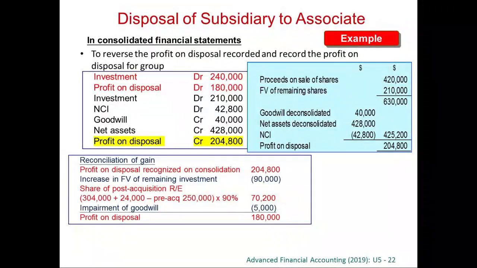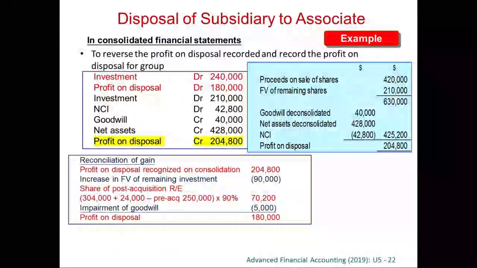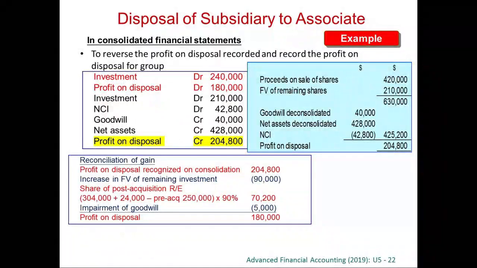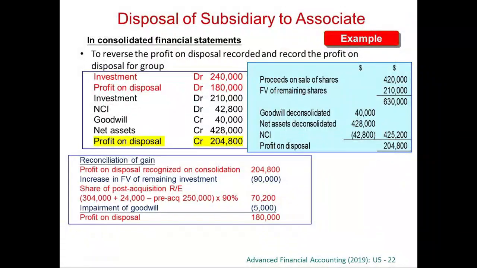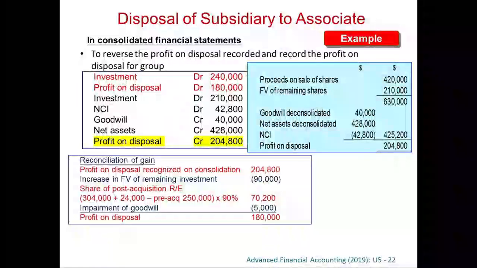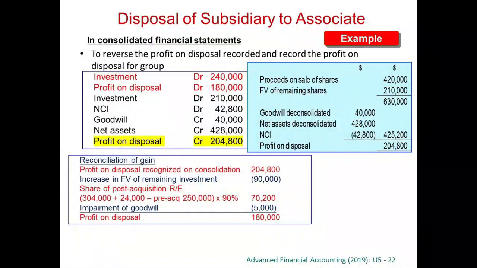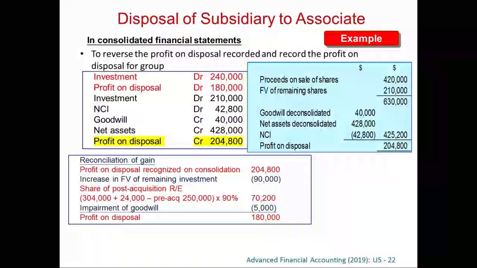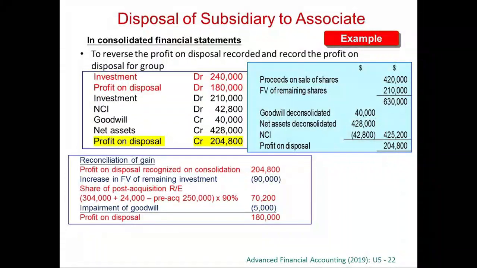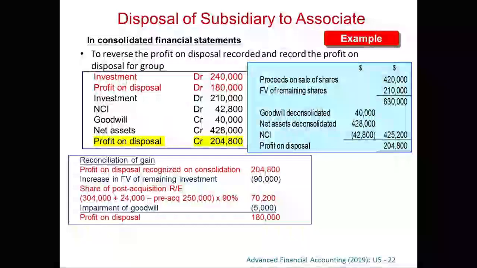Okay? So therefore, this is how we reconcile the difference. By consolidation, you recognize earlier this 90,000 increase. So the profit on disposal at this moment is higher than the cost method. Right? But later, if you dispose all, ultimately everything will be the same.